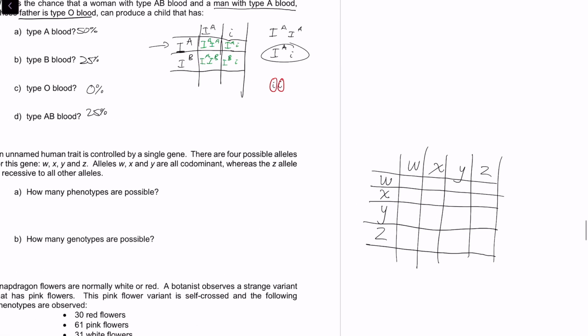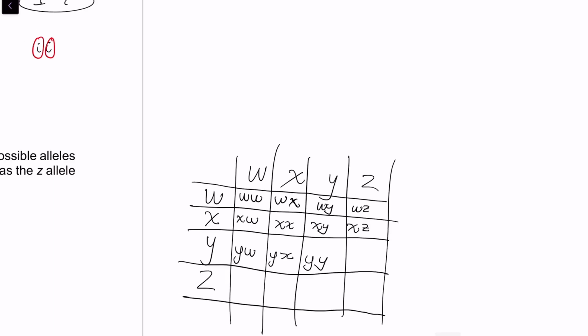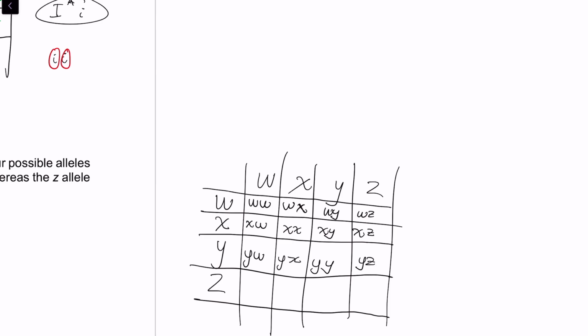We can figure out the phenotypes and the genotypes, okay? So I'll be going from left to top. Feel free to fast forward if you wish. Just being very careful here. I'm being consistent from the left side to the top in that order.